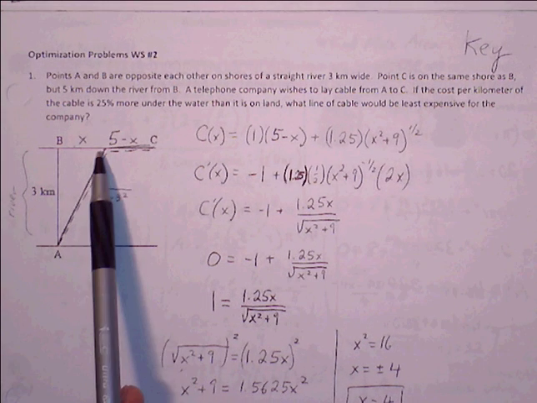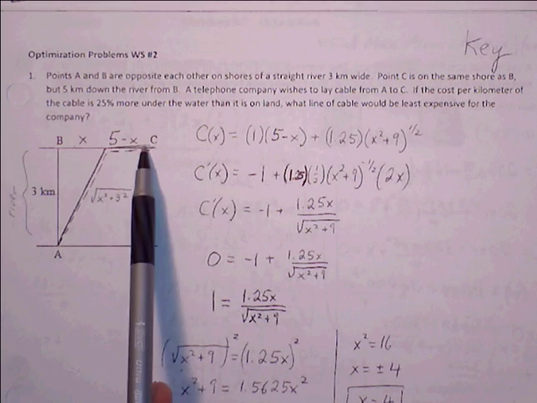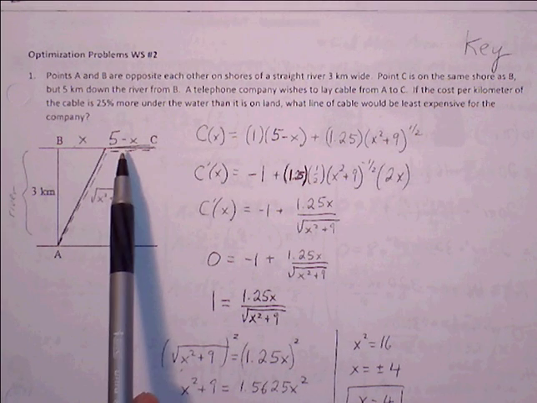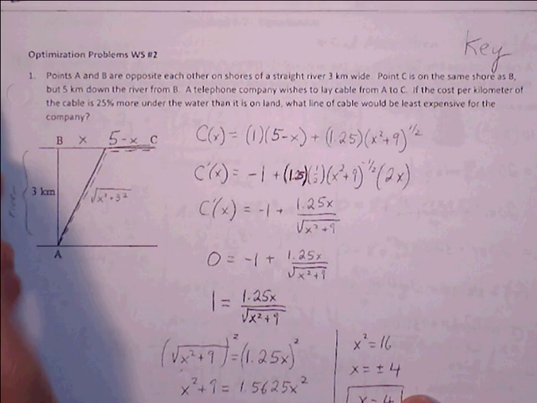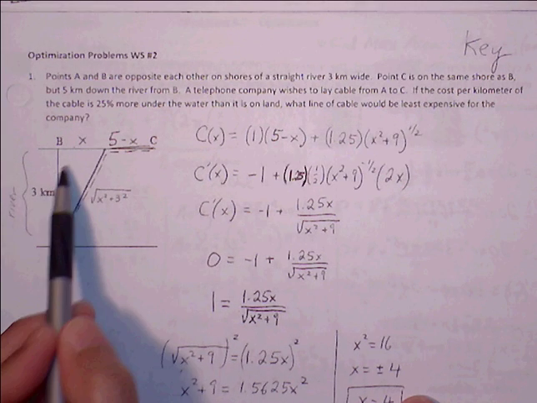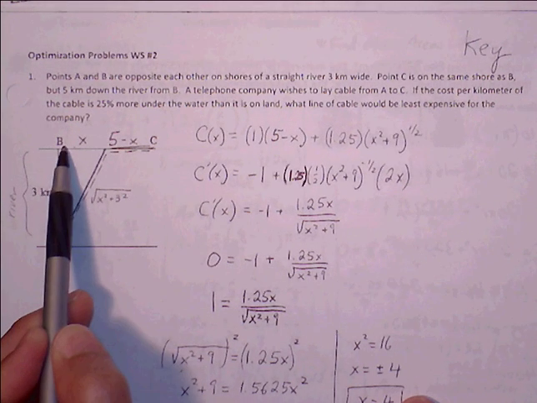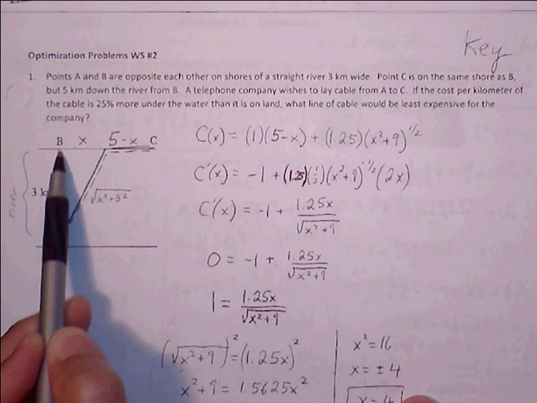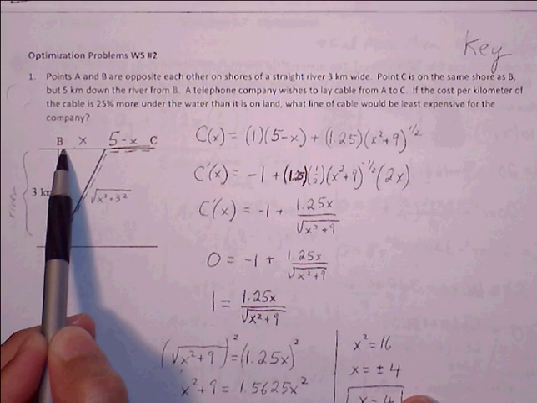First off, let's start by assigning the distance from B to this new point as x. We know this is 3 kilometers.